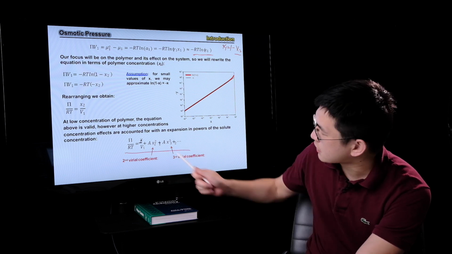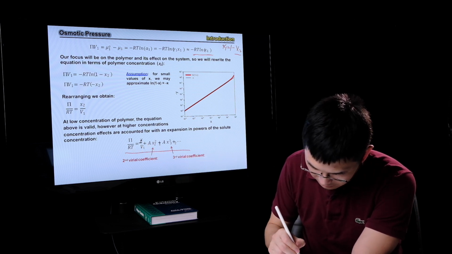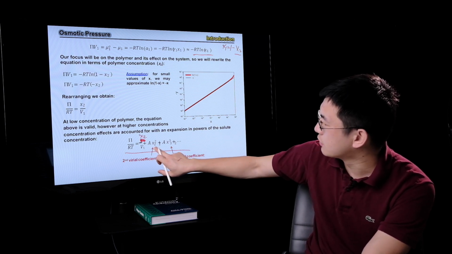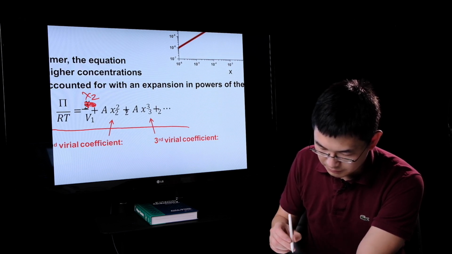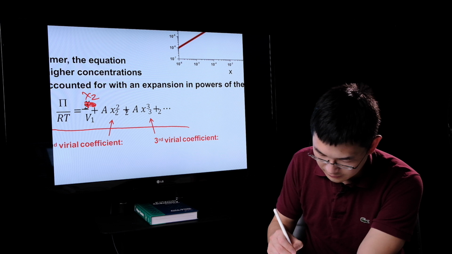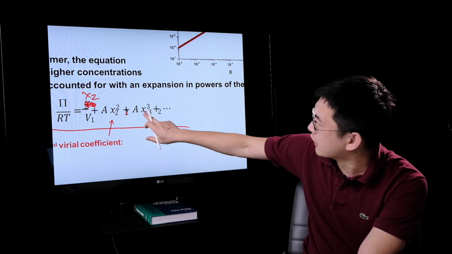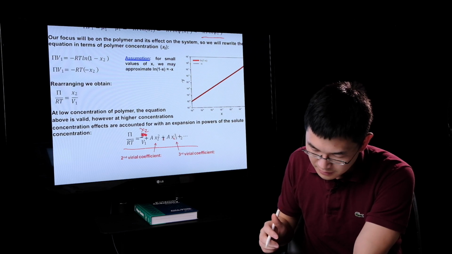where osmotic pressure divided by RT will be equal to x2 divided by V1 plus A2 x2 squared plus A3 x2 cubed and plus higher order terms.